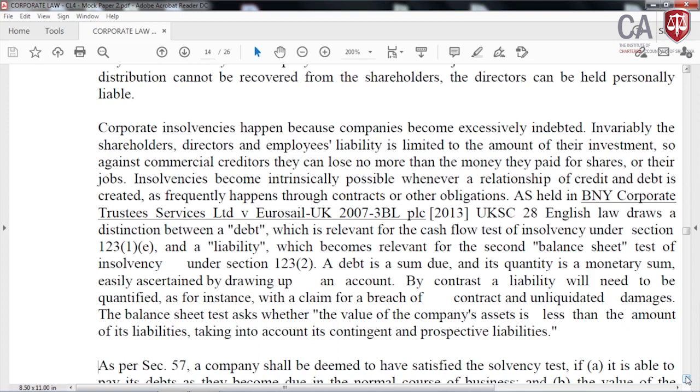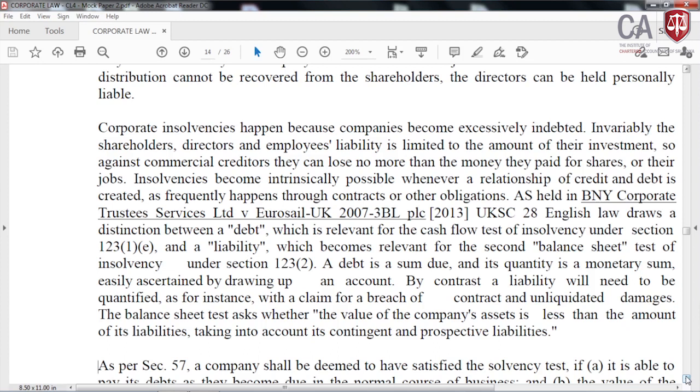A debt is a sum due and its quantity is a monetary sum, easily ascertained by drawing up an account. By contrast, a liability will need to be quantified, as for instance with a claim for breach of contract and unliquidated damages.